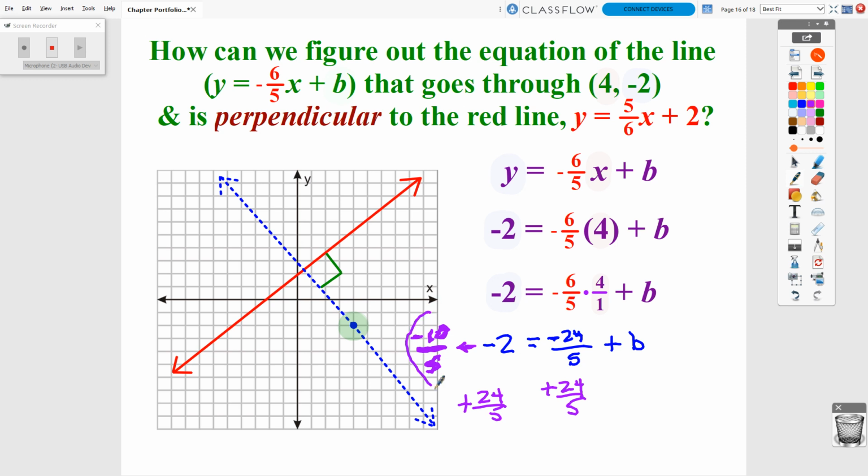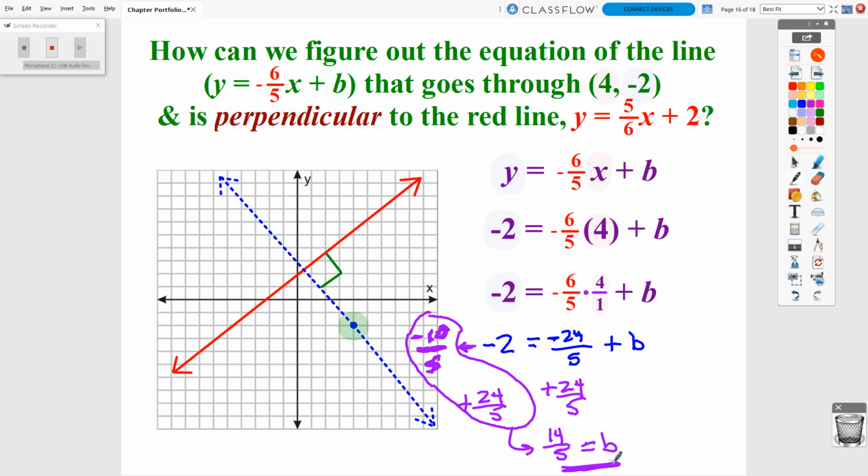So negative 10/5 plus 24/5 gives me 14/5. So there is my y-intercept. And again, you're going to leave it as this improper fraction. Does 14/5 simplify? It doesn't, because 5 is a prime number, and the 14 on top doesn't have a factor of 5 in it.